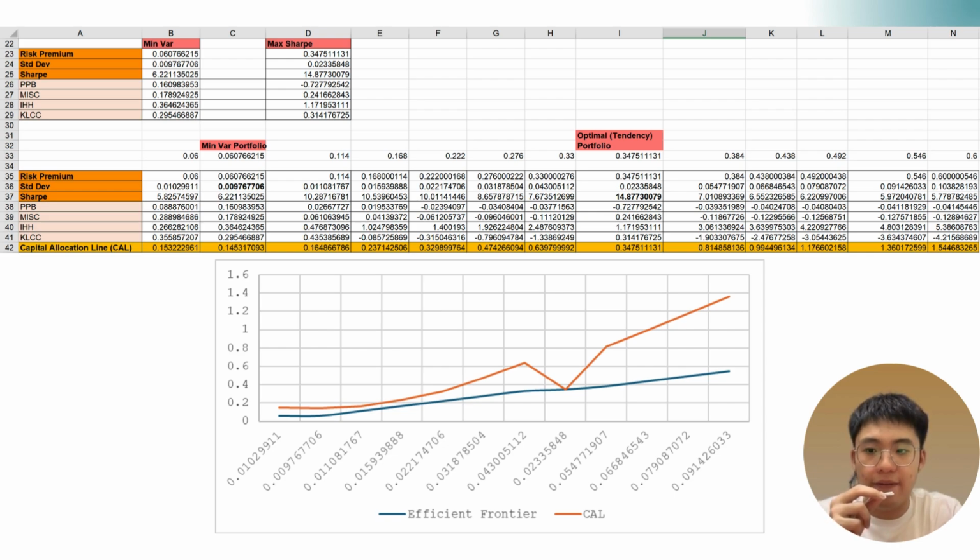We form the graph by setting the risk premiums as our y-axis and standard deviations as our x-axis for both the efficient frontier and capital allocation line.